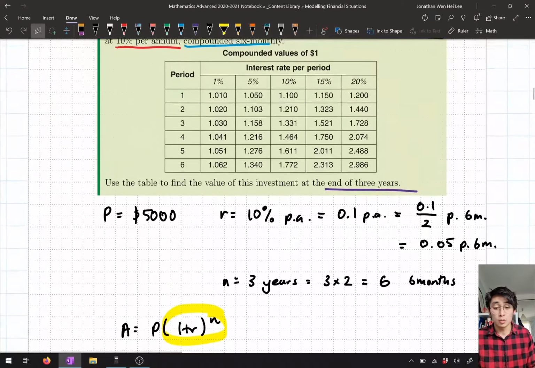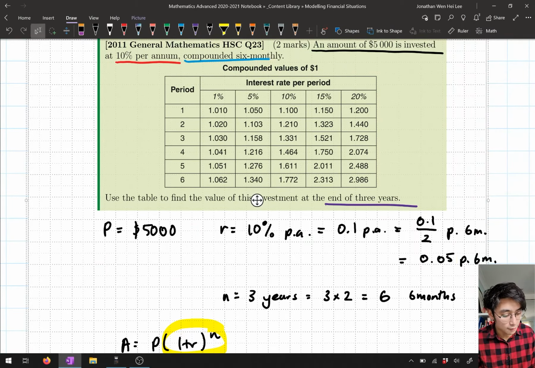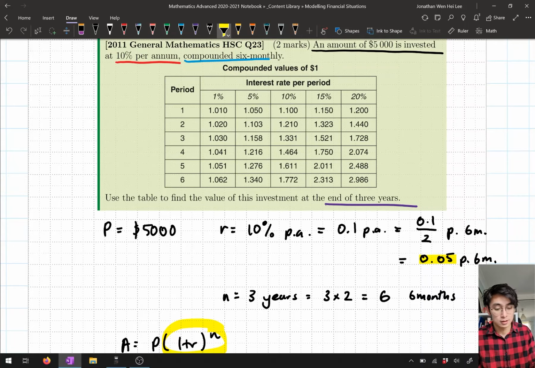All we do is find our interest rate at the top. Here the interest rate was 0.05, which is 5% for the 6 months.